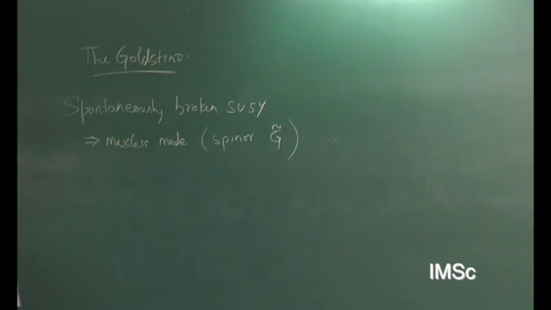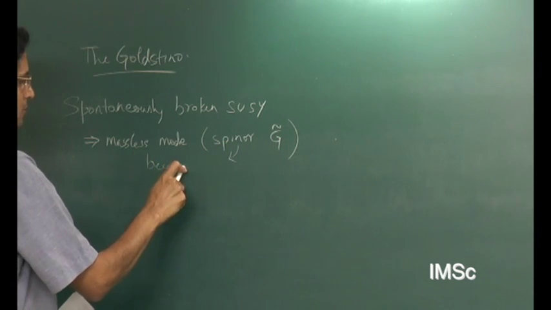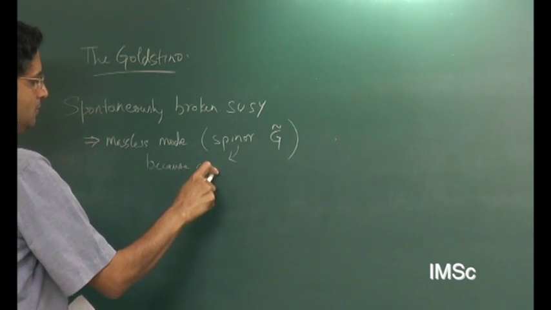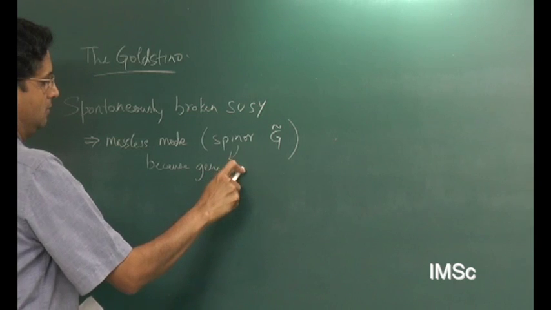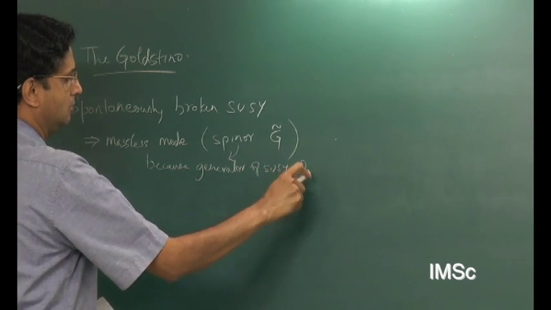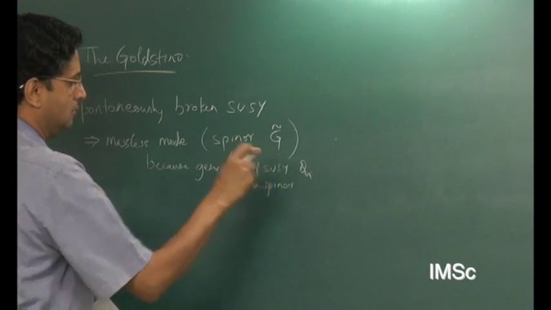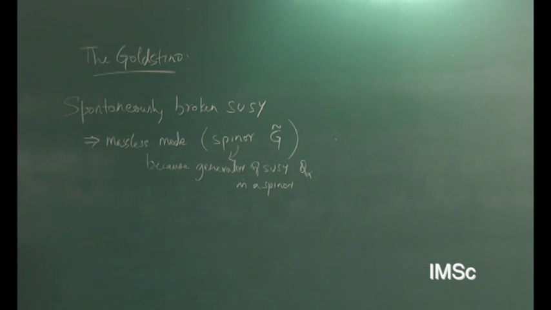It's a Weyl spinor, so we just call it G twiddle. This is a spinor because the generator that gets broken is a spinor.